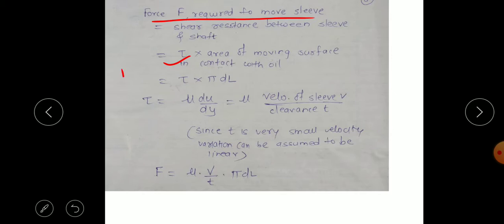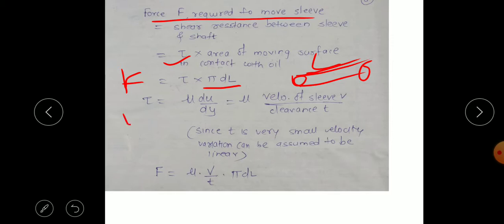So force is equal to tau into pi d l, as force is shear stress into area. The contact area is the lateral surface area, that is pi d l, where l is the length of the sleeve and pi d is the perimeter. So force is equal to tau into pi d l.